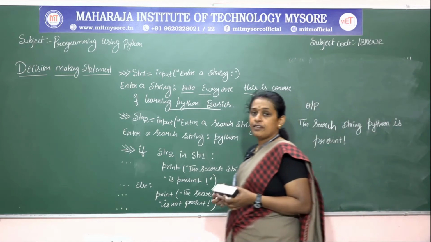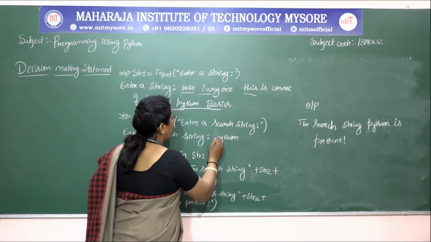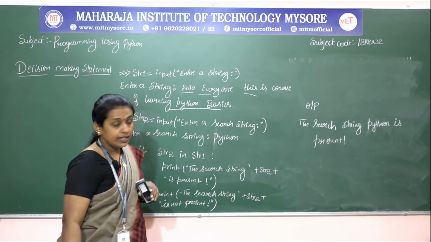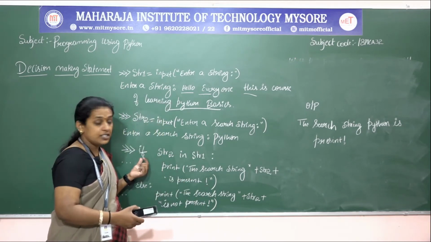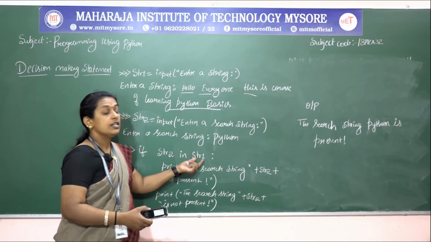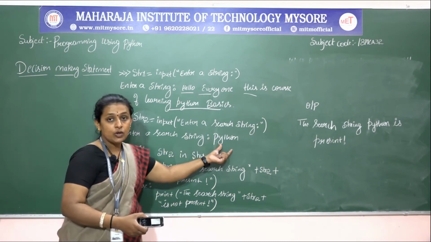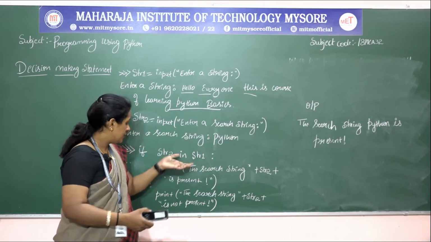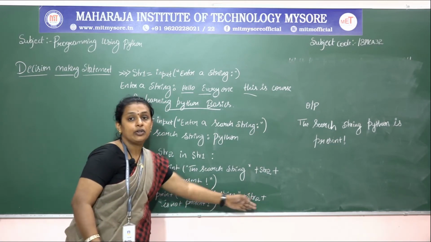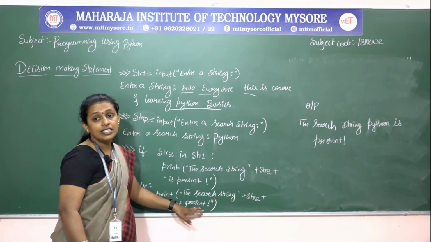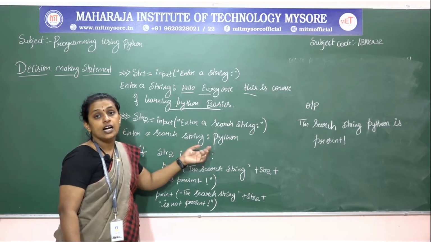In case the search string here is capital P, then Python, okay. Then the condition will be checked: if string 2 is in string 1. The string 2, that is Python, is not in string 1, so the else part will be evaluated, that is, the search string Python is not in the given string, because Python is case sensitive.